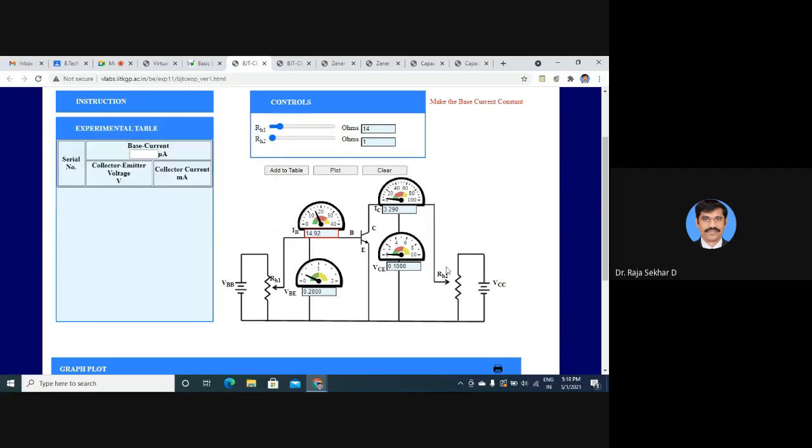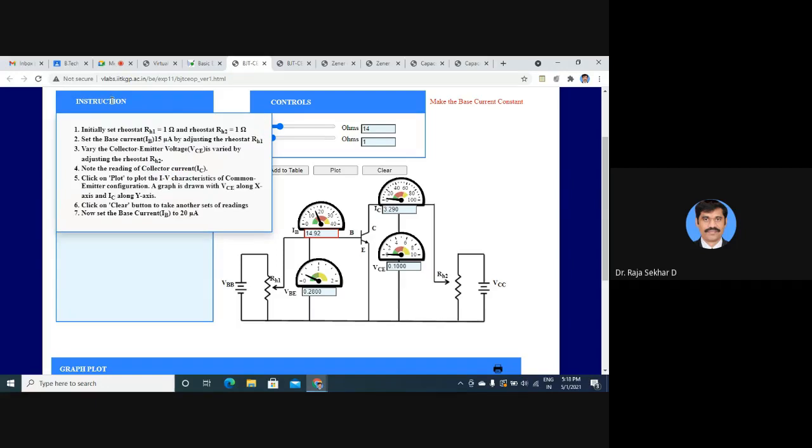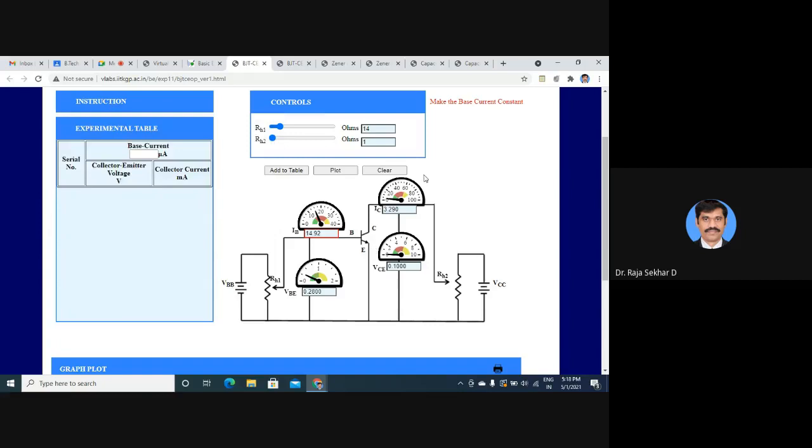Now we have to change RH2. When RH2 changes, VCE changes as well as IC changes. Vary the VCE by adjusting RH2 and note down the readings of collector current IC. When you change RH2, VCE changes and IC changes.